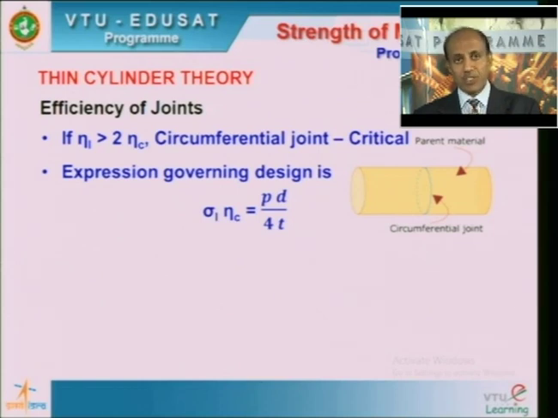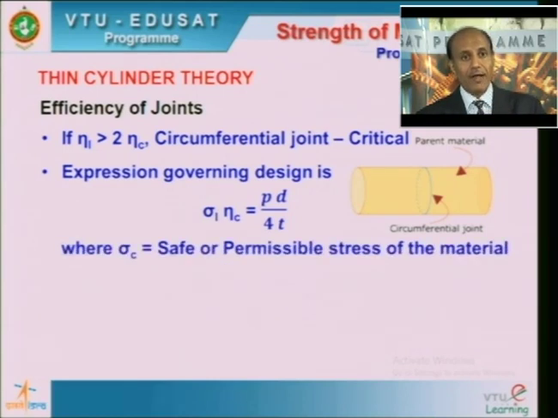This expression has to be used provided the efficiency of the longitudinal joint is more than 2 times the efficiency of the circular joint. Here sigma L has to be equated to the safe or permissible stress of the material. It is sigma L, not sigma c.